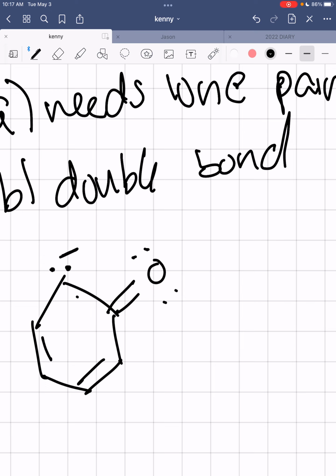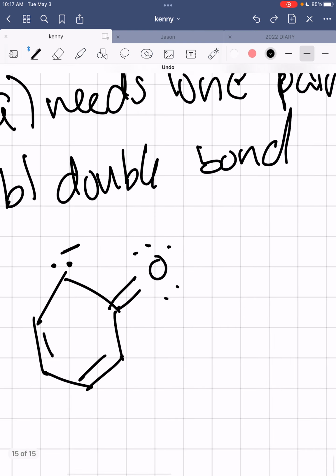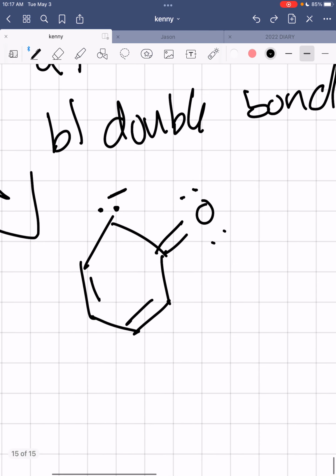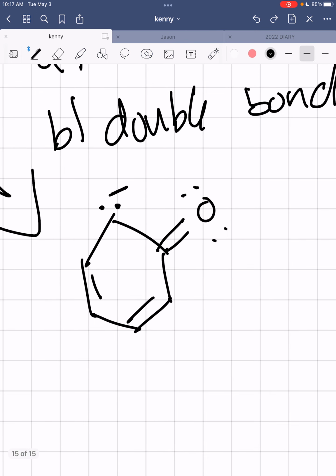So you can see how the double bond that was previously here became a lone pair, and the lone pair right here became a double bond. And you can continue doing this. We have 1 here, 2, 3.